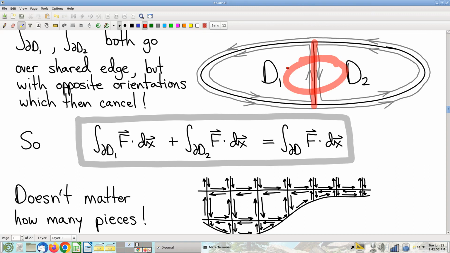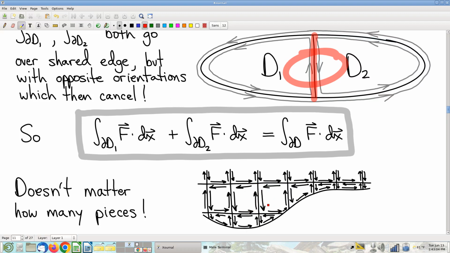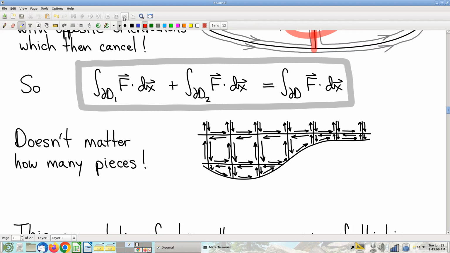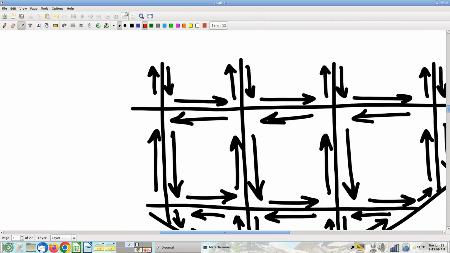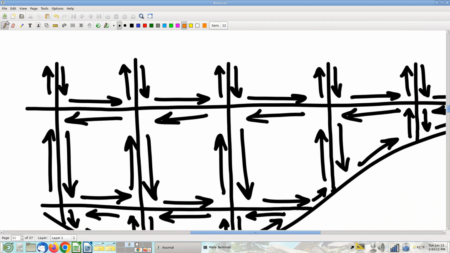two terms that cancel. The exact same thing happens no matter how many subdivisions you make. So when you have a whole, you can chop it up in as many pieces as you want, and you will always get, on each piece of cut that you make, one piece going that way, because that's counterclockwise on that piece.